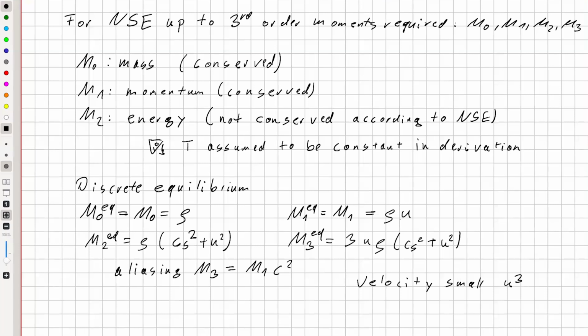If we look at small velocities, we can simply assume that u cubed is 0. We make a mistake by this, but we decide that this mistake will be acceptable. And we also use c, our velocity scale, equal to 1.